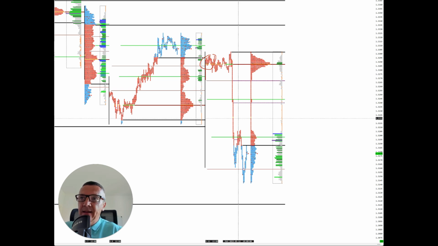We can see on this profile it opens at 10 p.m. on Sunday evening, for context. We can see this value area high has been respected a number of times. It's had probably several attempts trying to break outside of this value area.